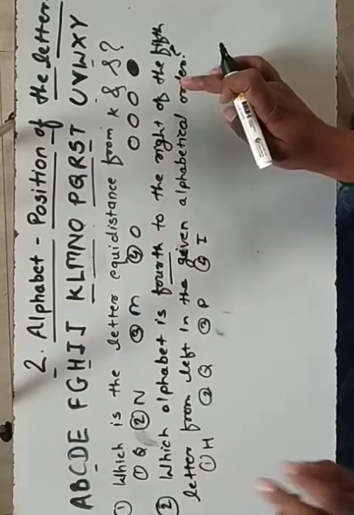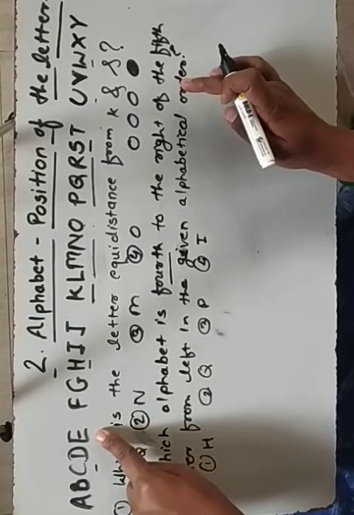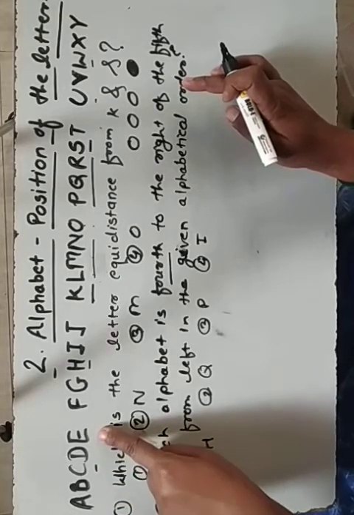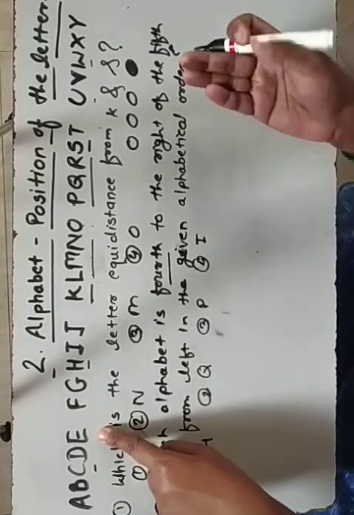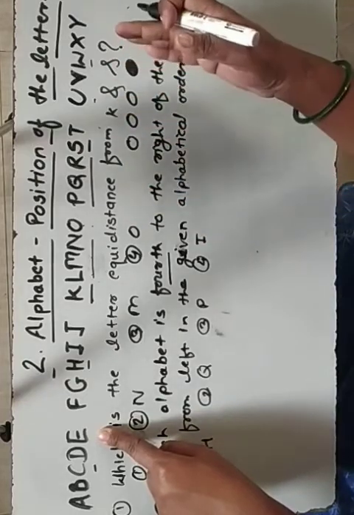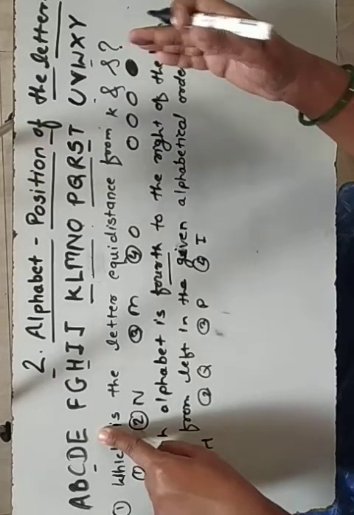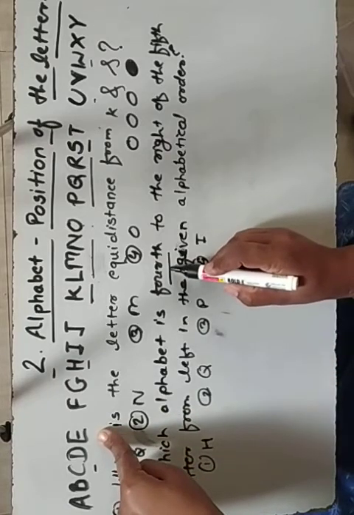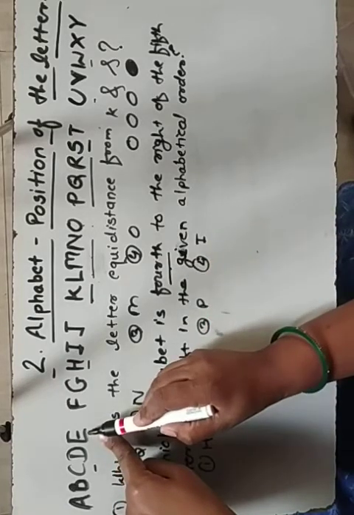First of all, the 5th letter is E. 1, 2, 3, 4, 5. The 5th letter is E. E's right side means this side of the portion, the blackboard, is the right side. Now from here, which letter do they want? The 4th letter. So from here we will count the 4th letter.